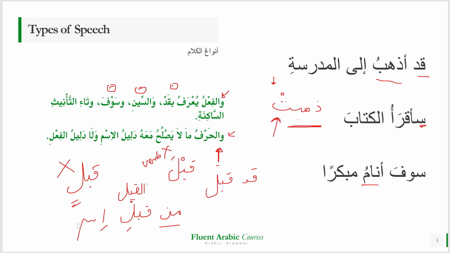Qabla has to be an ism because it accepts the different states of i'rab like jar, nasab, and so on. So it is not a particle. So these are the rules which help you determine the three categories of Arabic speech, namely nouns, verbs, and particles.